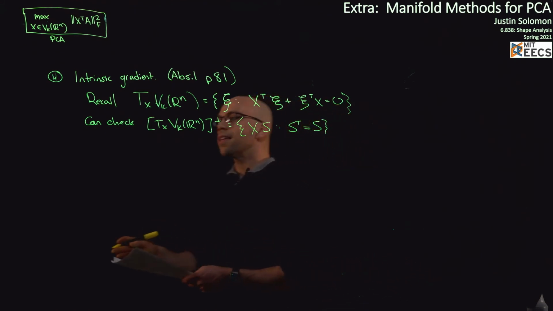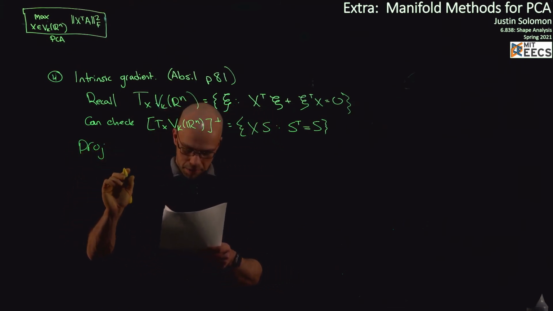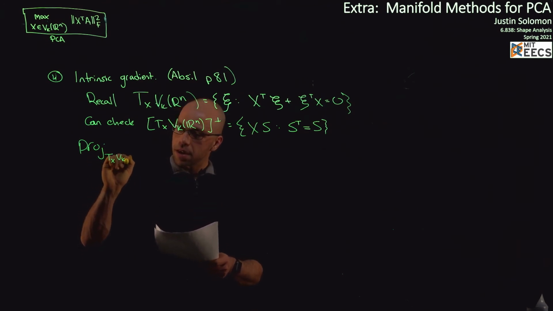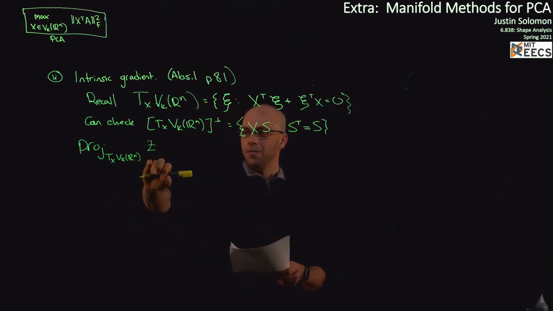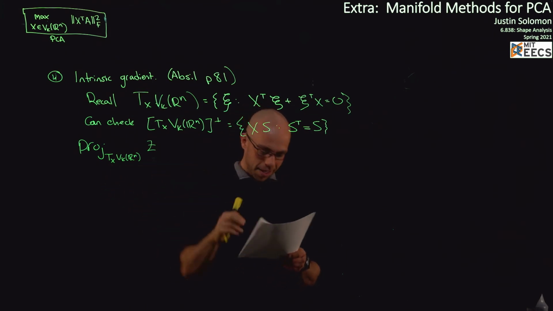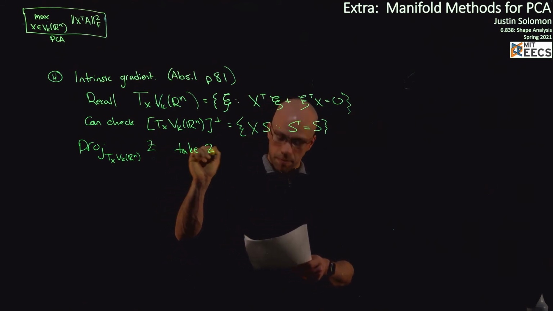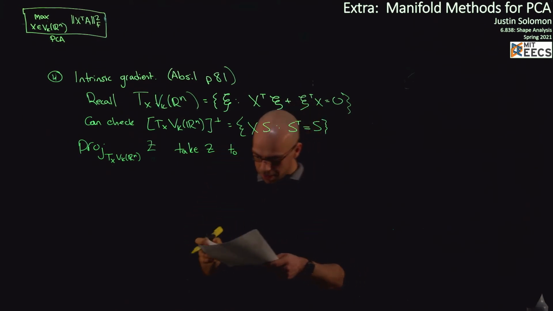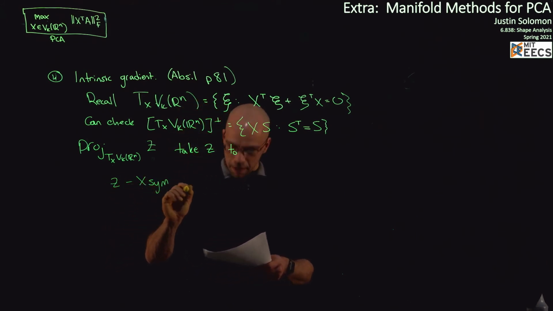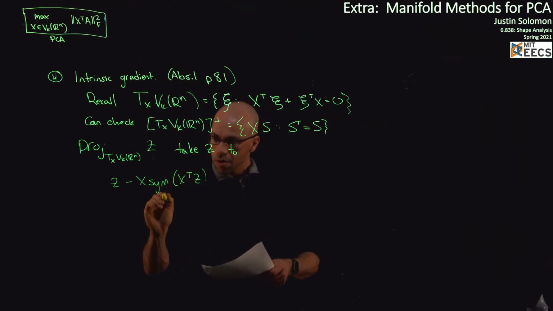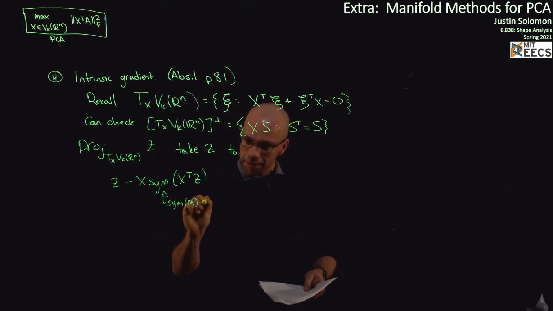Okay. So in this case, it turns out that if I want to project onto the tangent space, the projection of Z, where Z is a matrix, like a vector on our manifold, and we want to project that onto the tangent space, it essentially takes Z to the following: Z minus X times the symmetric part of X transpose Z, where in general the symmetric part of a matrix is just equal to the average of the matrix and its transpose.